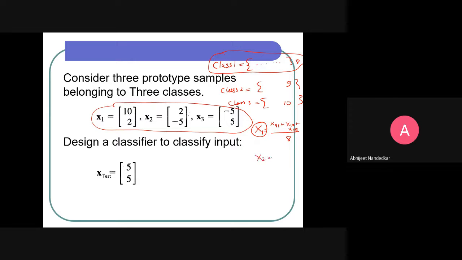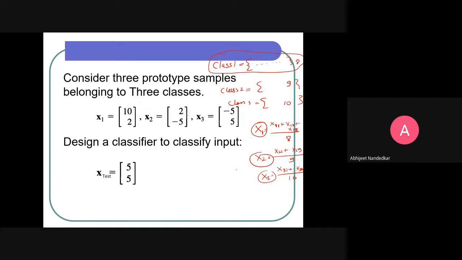Similarly, you will calculate x2 from x2_1 up to x2_9 divided by 9. So you take the average. Then for x3 you go x3_1 and so on up to x3_10, divided by 10. So these 3 prototypes you will calculate like this, and in this problem they are given to you directly.